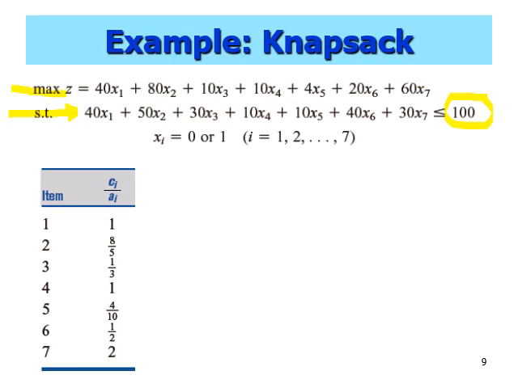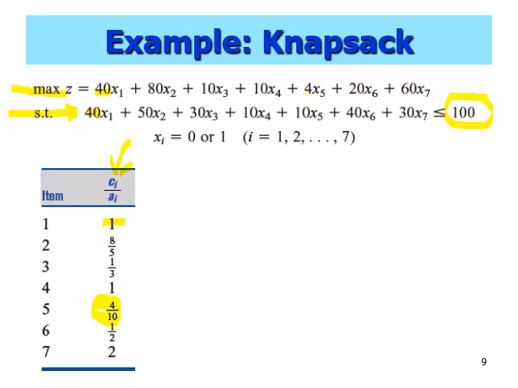So remember, first step is we are solving this by computing the ratio of Ci divided by Ai. So for item 1, the benefit is 40, and the resource it consumes is also 40, so the ratio is 1. Let's say item 5 here.